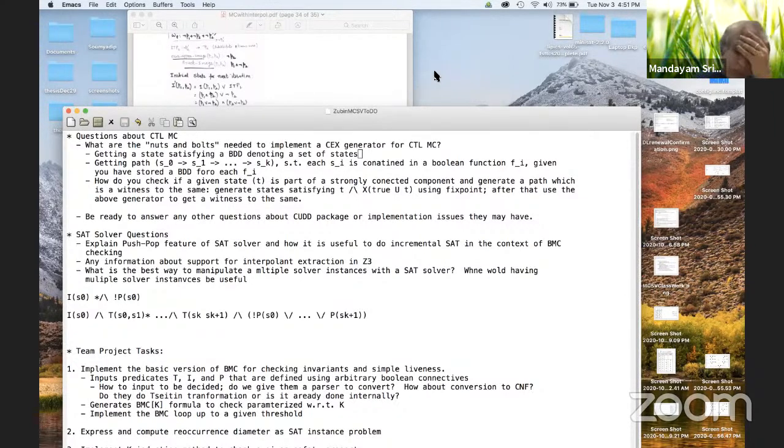So I will post the project description. I was going to discuss it, and there were a couple of things that I wanted to discuss in terms of incremental SAT, for which it is too late now, because the other discussion took up everything. We can do that next time as well.